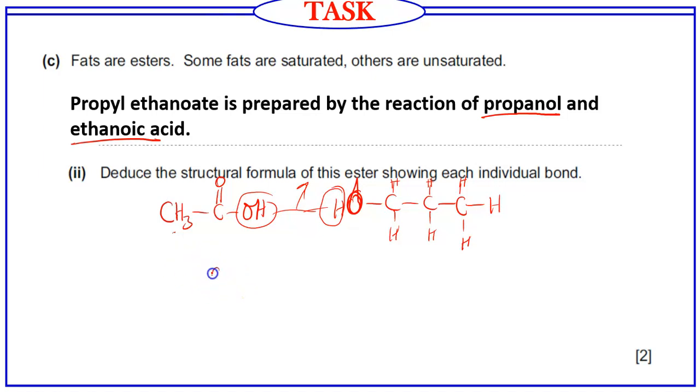The carboxylic acid group first, so we have this first. Then the alcohol last, so it bonds with the O, then C, H, H, C, H, C, H, H, and H. So this is the formula of the ester formed.